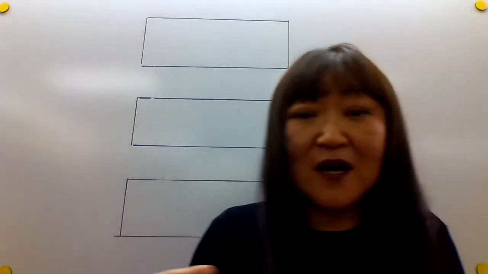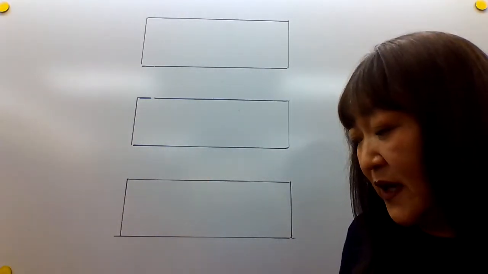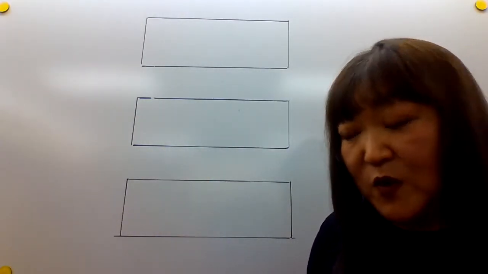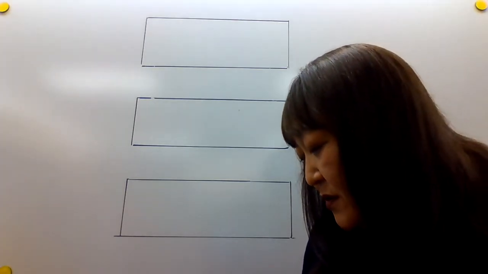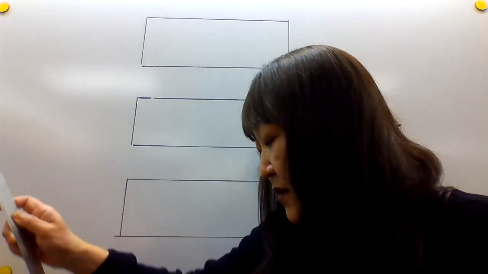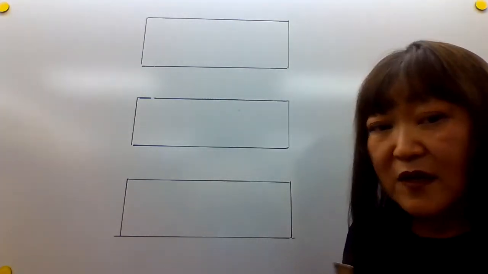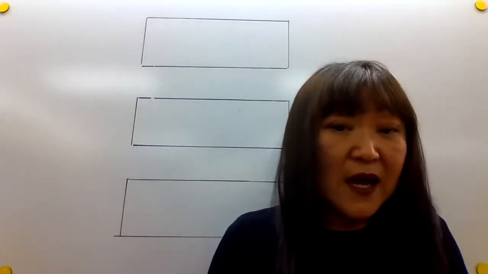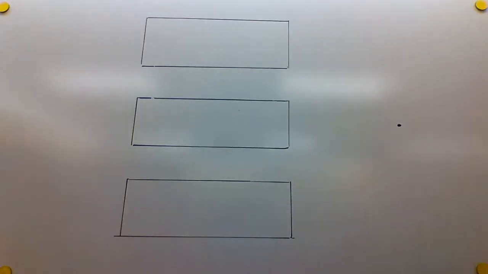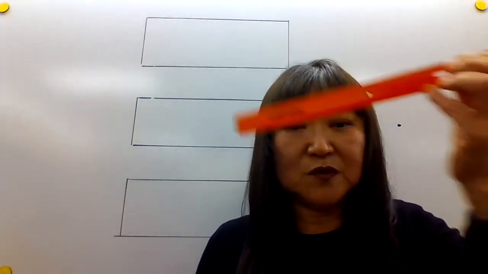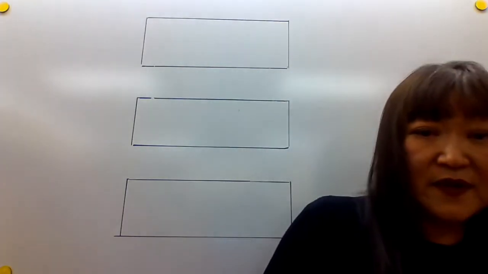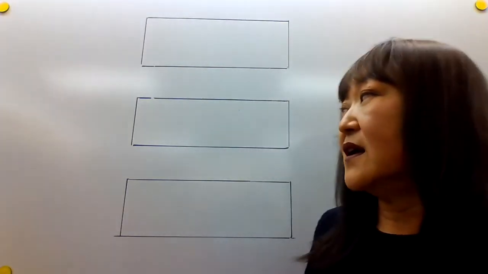Okay. Now, behind me, I have a whiteboard, and I'm going to show you how to turn this into a three-dimensional picture. Okay, and all you need is a pencil and a ruler today. Just any good old ruler like this would work. Okay, all right.